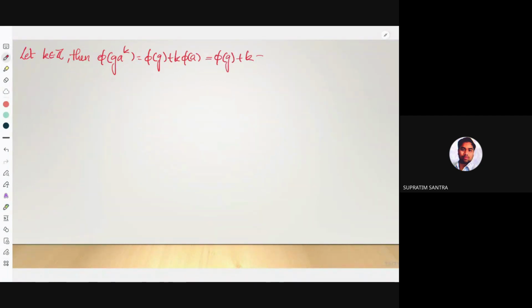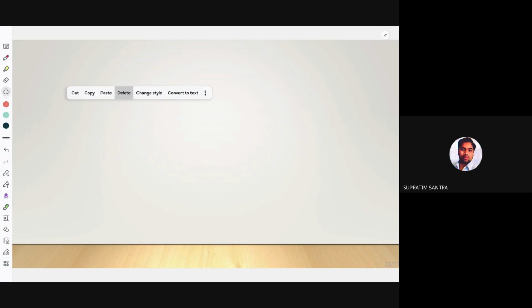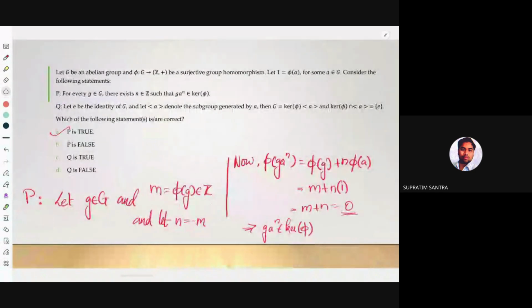Now you want this to be equal to 0 for some k. So you take k to be minus phi of g. That would give you what you wanted. So this is the way we actually prove it, but the first way which we did was just a heuristic guess on what we could work with, given the conditions.